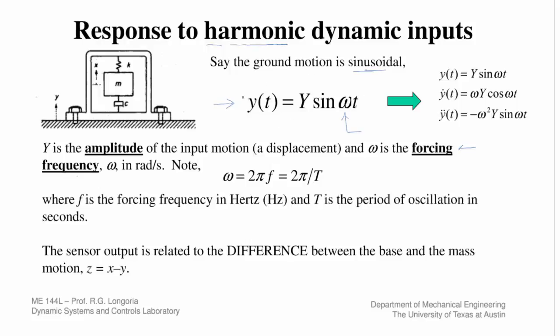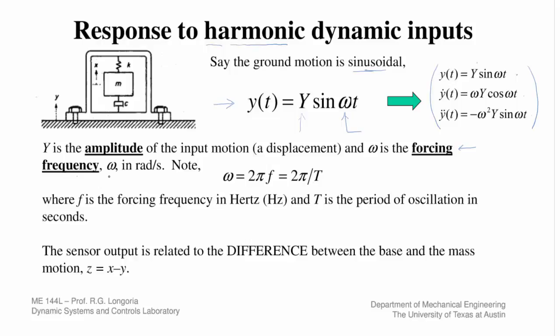Think about also, if I have motion y of t, remember these are related, very simply: displacement, velocity, acceleration. If I know the amplitude of the input, which actually I don't know, but that might be something I'm trying to measure, we know that amplitude, velocity, and acceleration amplitudes are related through the forcing frequency, through these simple relationships that we know through these derivatives.